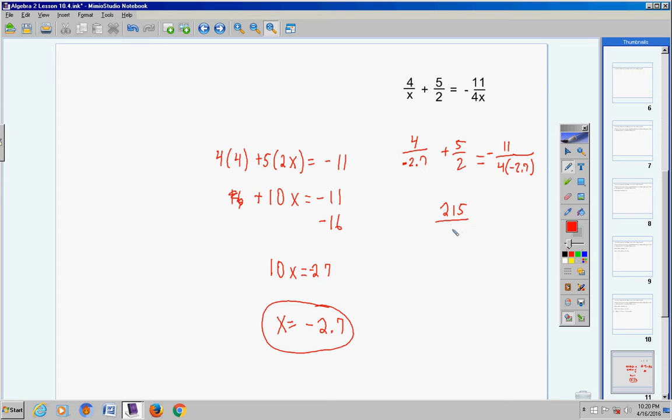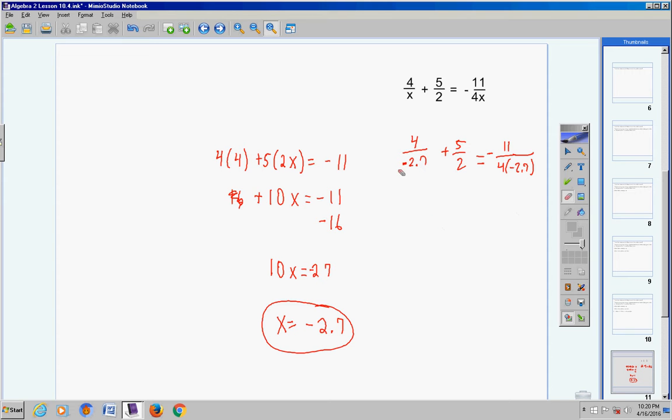Now listen, if you've not learned how to use your fraction button yet on your calculator, whether you have a graphing calculator or not, you need to learn how to use it. Let me go over this again. 4 divided by negative 2.7. Actually, I did make a mistake here, and I apologize. I forgot the negative sign here.